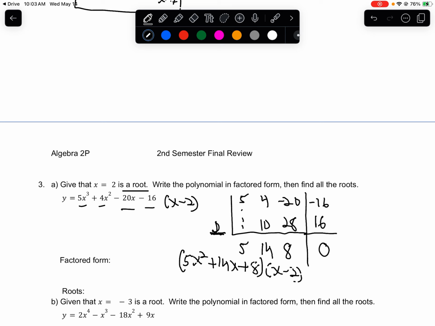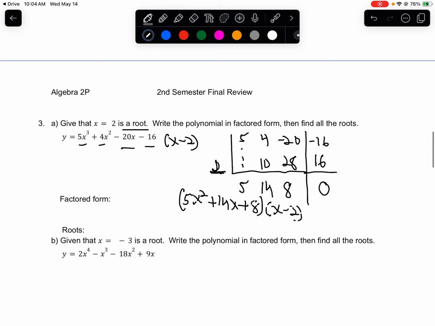Okay, so we started factoring. Now we have to factor this in the parentheses. Easiest way to do that, since it's a quadratic trinomial, is look for product and sum. So remember, it's going to be 5 times 8, which is 40, and it has to add up to 14. Well, I hope that's obvious. It's 10 and 4.